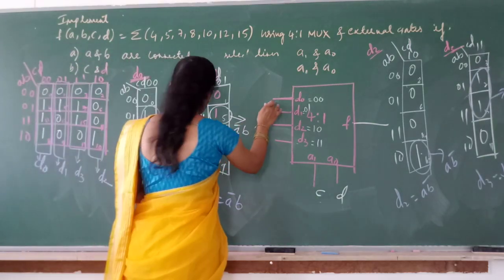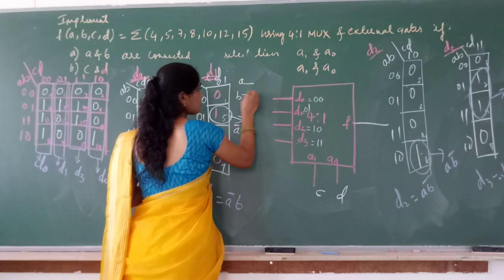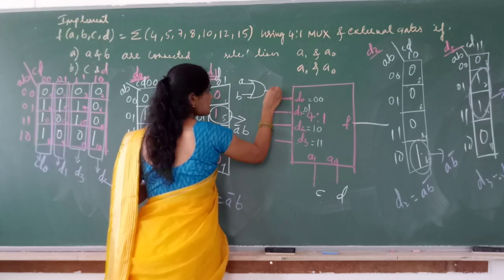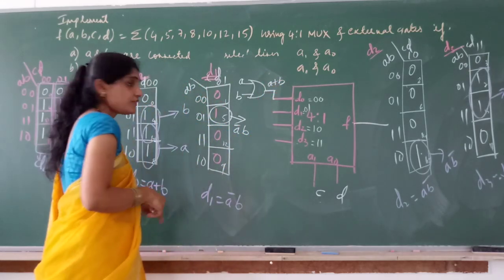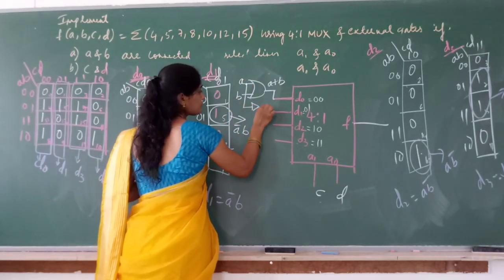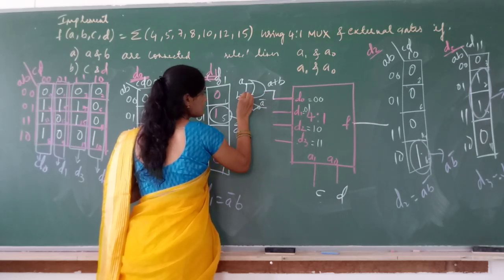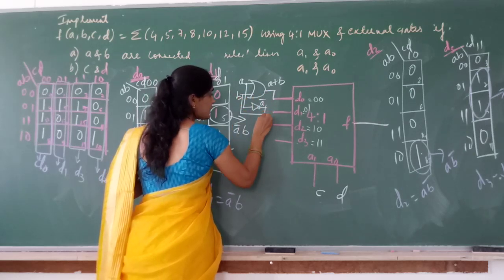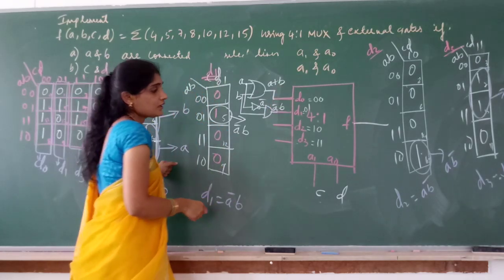Complete the circuit. D0 is what? A plus B. A, B. Give it to an OR gate which gives us A plus B. Connect that to D0. D1 is what? A bar B. Not gate, A bar I am going to get. Again B. Give this to an AND gate which gives us A bar B. Connect that to D1. D2 is what?